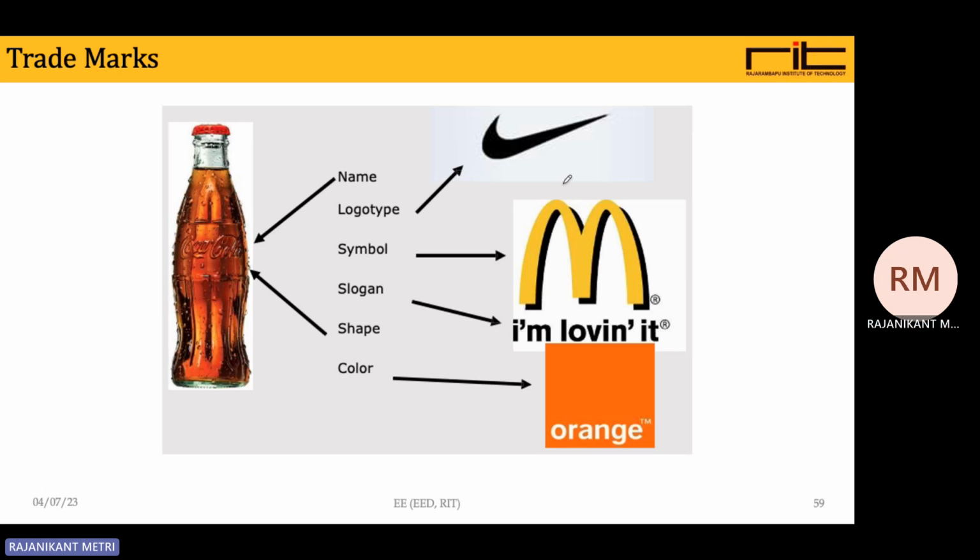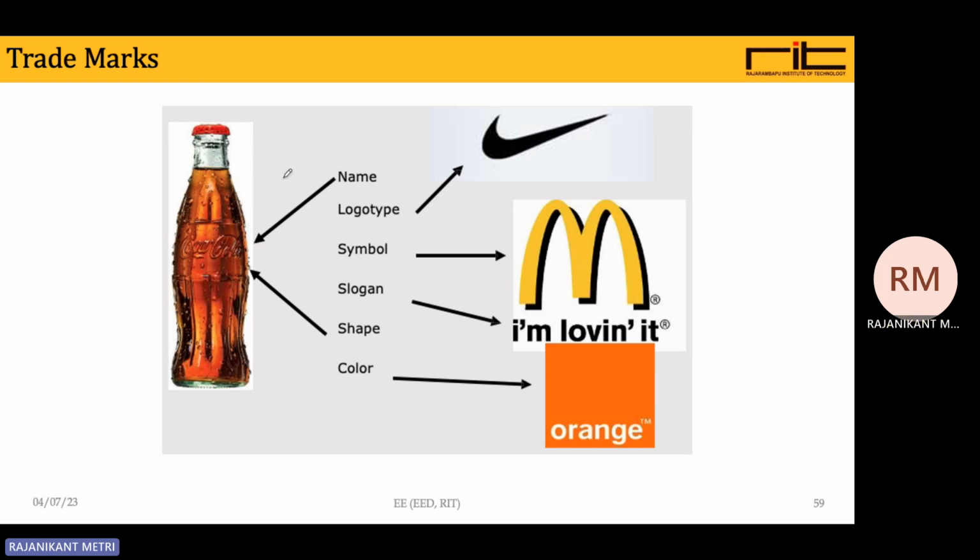Here is one picture of a reputed company having some cold drink with a certain shape, and what you observe there is it has a certain name, or some logo type of a particular brand, or a symbol, or some slogan or statement to catch the consumers, or some typical shape or typical colors are used, and these are all trademarks. And you can see here TM, that is trademark, or here you see R, that is registered. So those are nothing but trademarks.